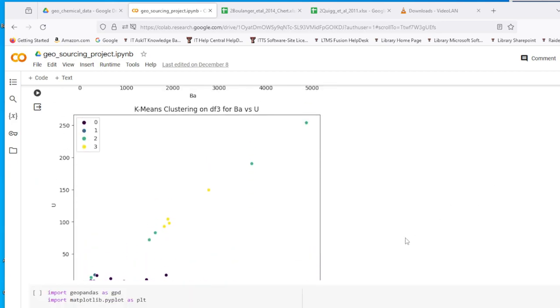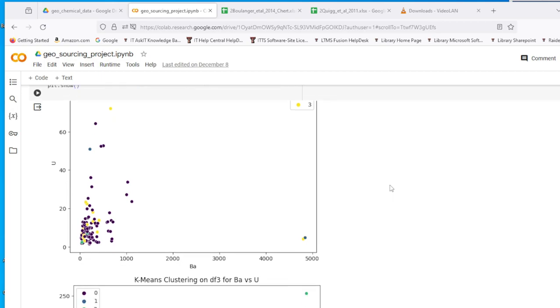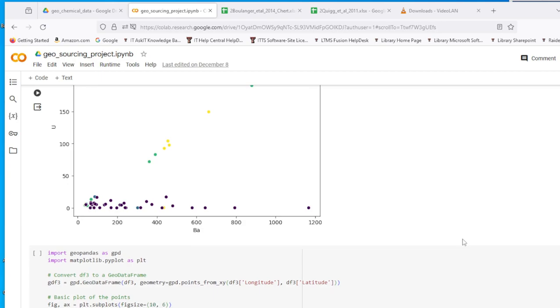I apologize if you can't see it super clearly, but we have this graph here with this clustering, and this one over here for this grouping. Anyways, across the board, graphically, we were able to test for distinction.